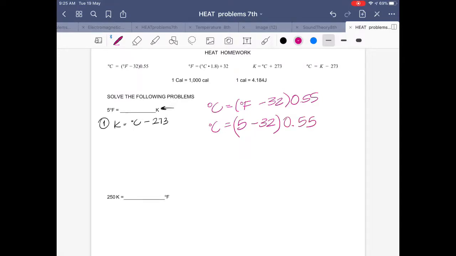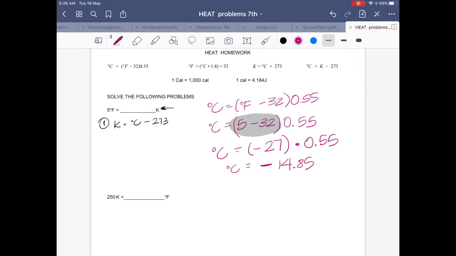Now in this one it's important to do as a first step the part inside the parentheses. So degrees Celsius equals 5 minus 32, which is negative 27, times 0.55. Negative 27 times 0.55 gives degrees Celsius of negative 14.85, and it's important to put the negative.